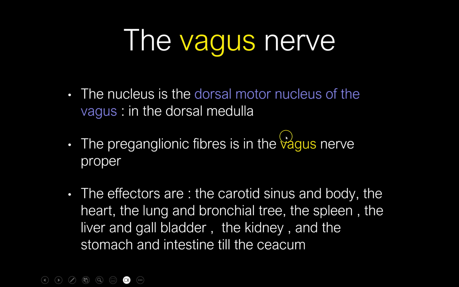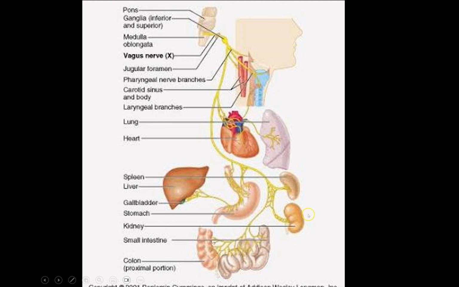The vagus nerve supplies the carotid sinus and body, the heart, lung, bronchial tree, spleen, liver, gallbladder, kidney, stomach, and intestine till the cecum. What is left is supplied by S2, 3, 4, as we'll see.